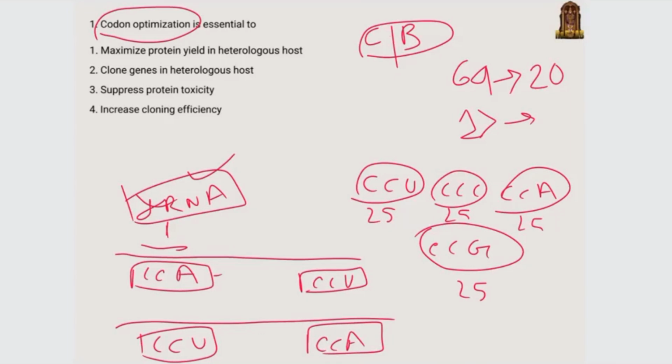But for CCU, the tRNA having the corresponding anticodon would be less in number. So the tRNA for CCA would be higher and the tRNA for CCU would be lower in the case of human.